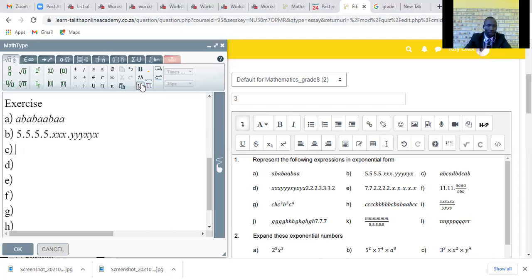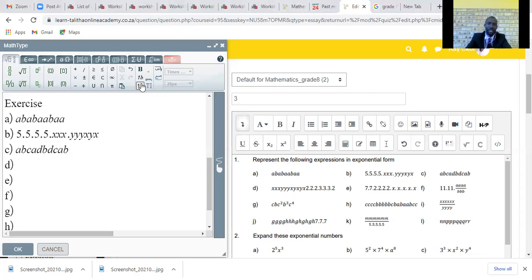Then we have got C. We are supposed to write it with exponents.